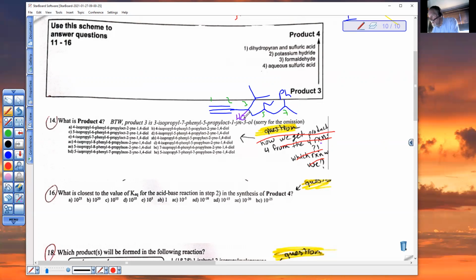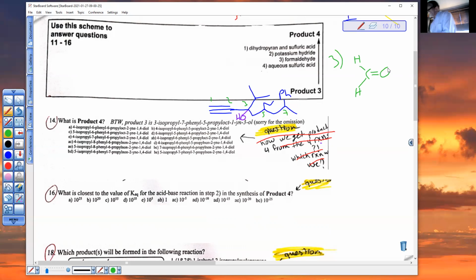Look back at the start of today's notes if you want to see what a protected alcohol looks like. And then we're taking the H off here to make an anion, which attacks formaldehyde. So we're going to get a new carbon. And then aqueous sulfuric acid does many things.